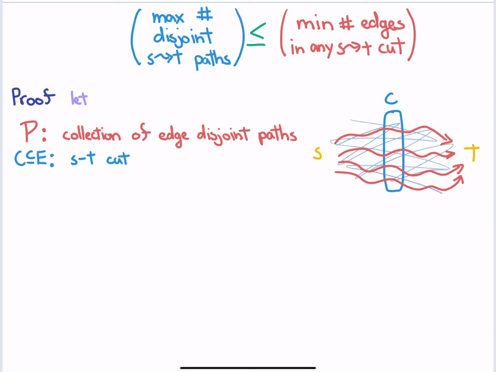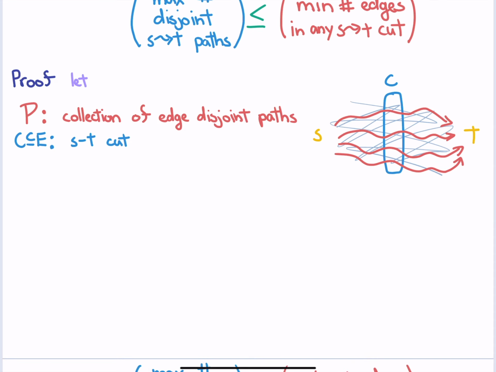C, everything is going to separate S from T. On the right, I drew a high-level diagram of what that might look like. The red represents some paths going from S to T, and C is just some block of edges that's separating the two. So I want to show that the number of paths in my packing is at most the number of edges in the cut.